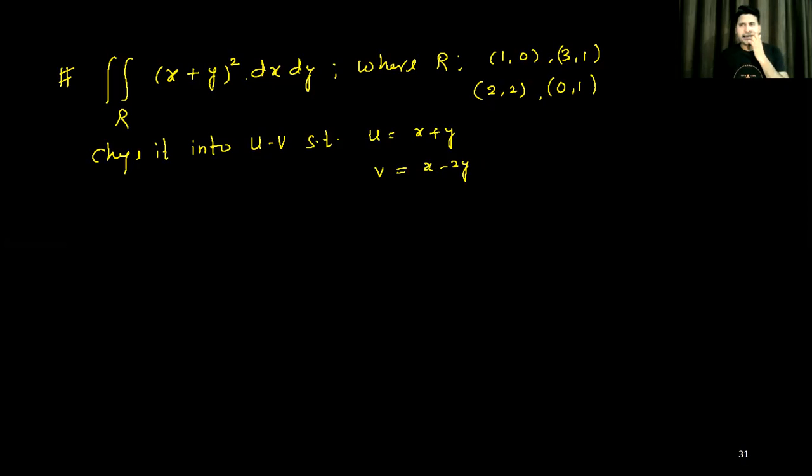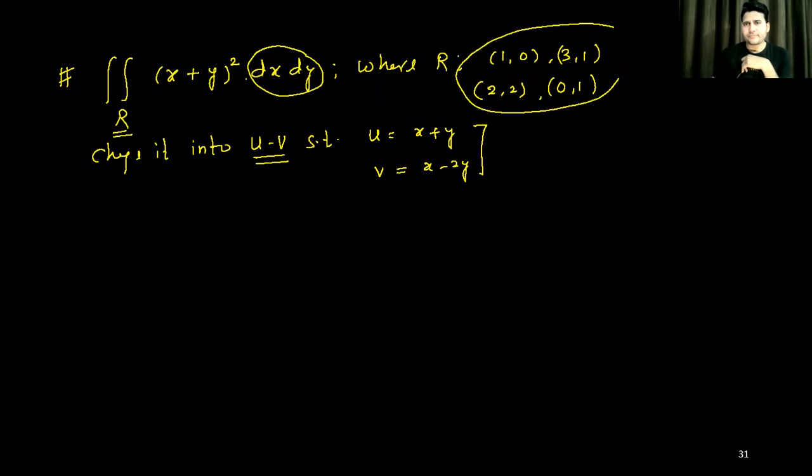That is, we have an integral in xy coordinates and we need to change it into the UV plane. By using this substitution, what is R? R is the region in the xy plane, students, formed with these 4 points. That is, we need to find the integral by changing this region using these substitutions.